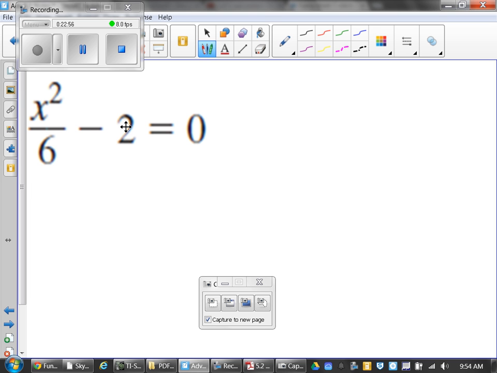You multiply the left side by 6, you get 6 over 6. So, x squared is 12.